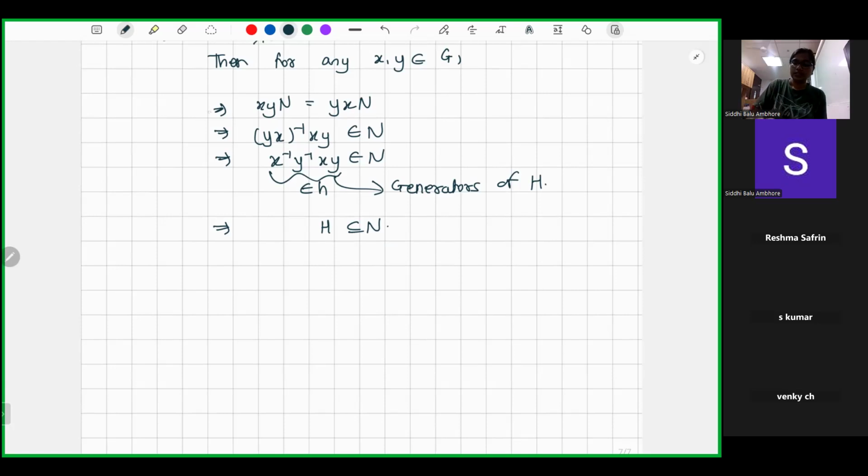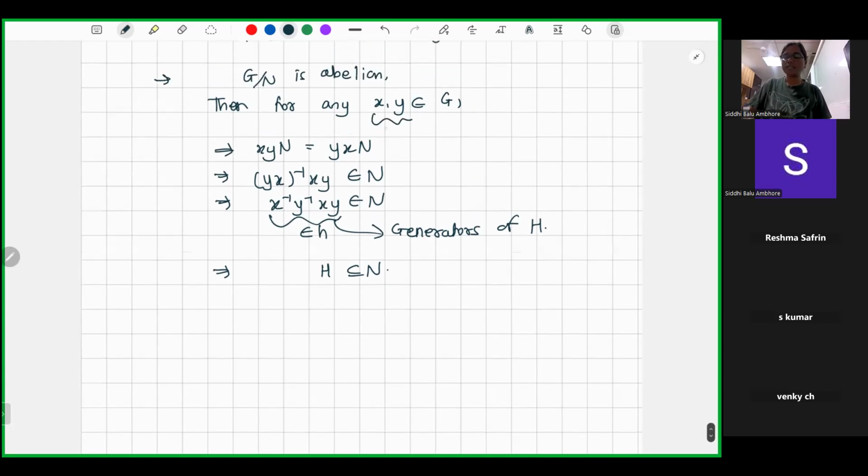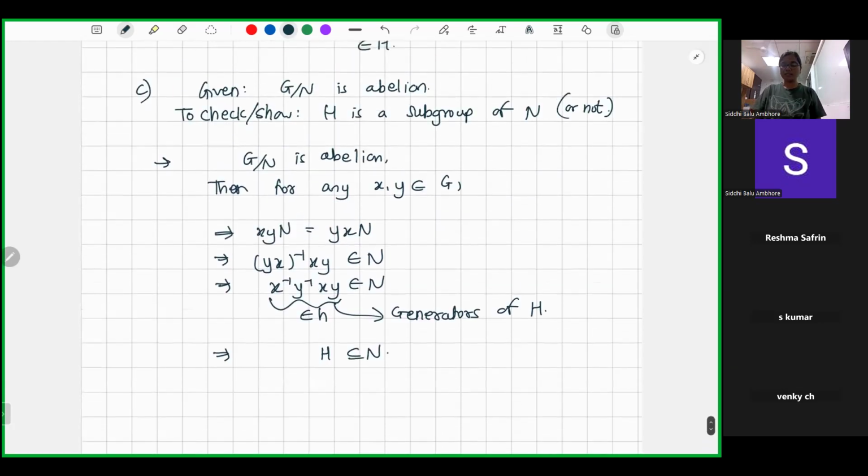This is true for any x, y in G, and we showed that x inverse y inverse x y for any given x, y in G belongs to N. Okay, I hope this is clear.